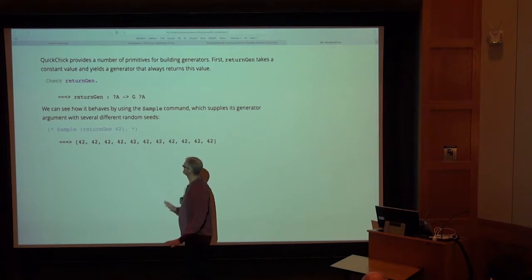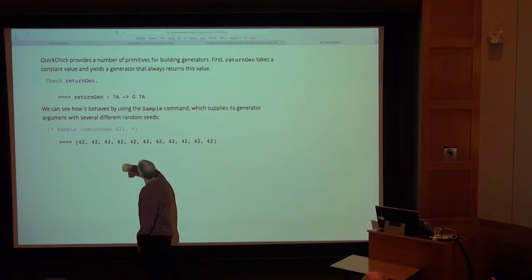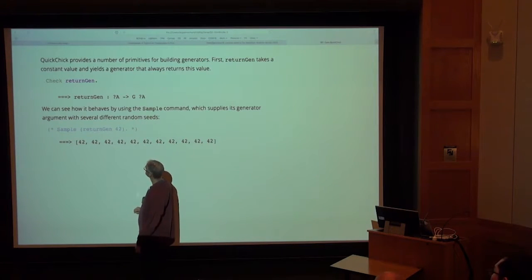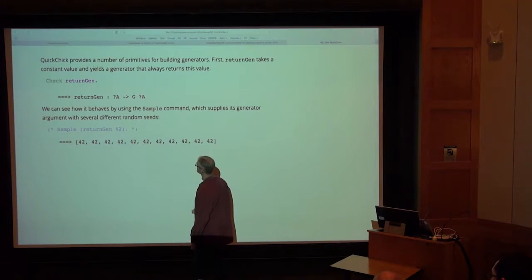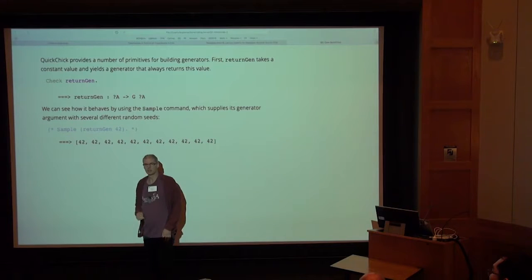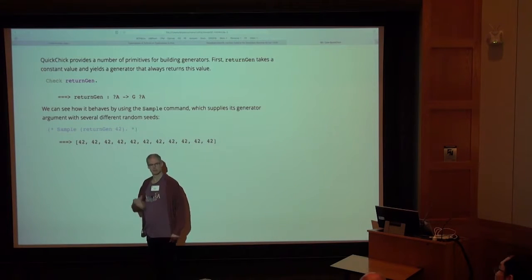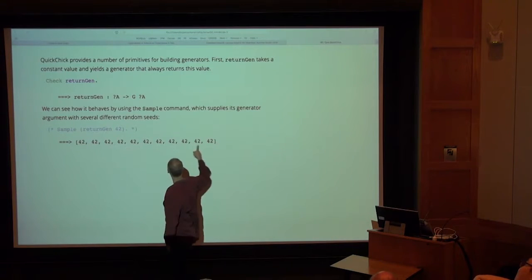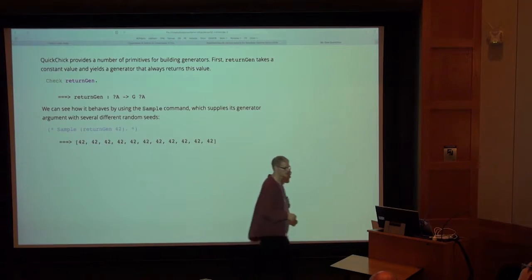But never mind that. So sample is a command added to Coq by QuickCheck. And if you sample a generator, what you get back is a list of a dozen or so elements that it generates using random seeds. Here we see that all of the elements are the same, no matter what.